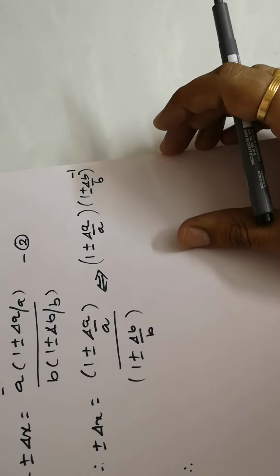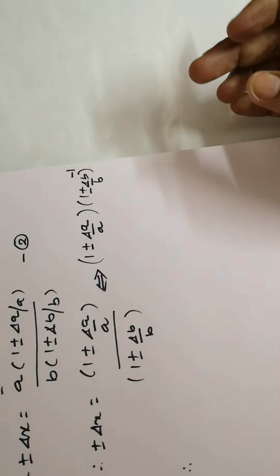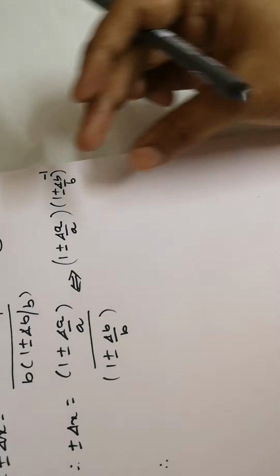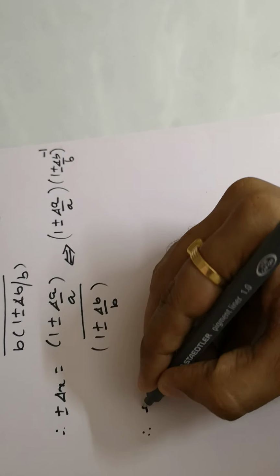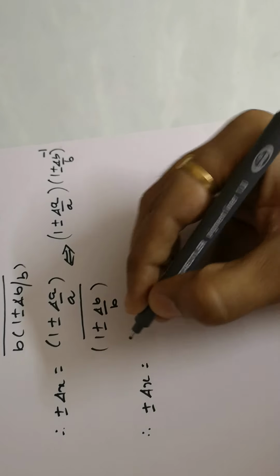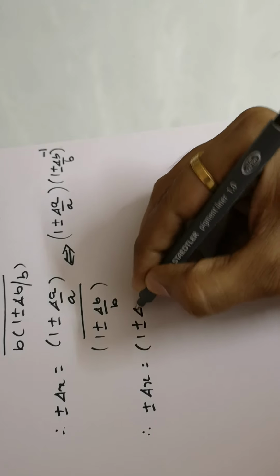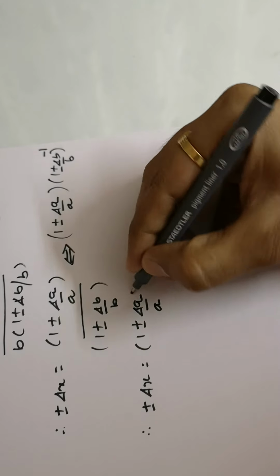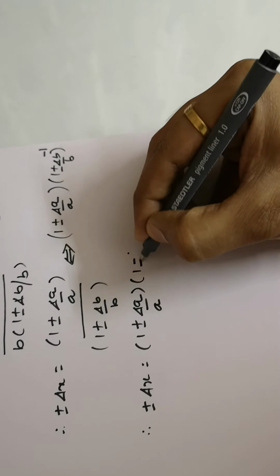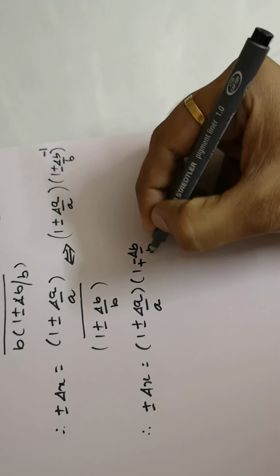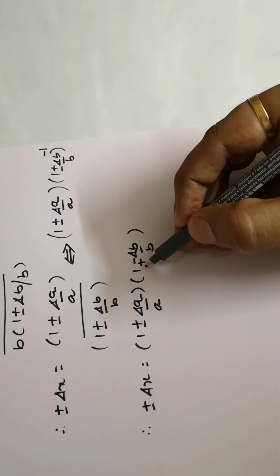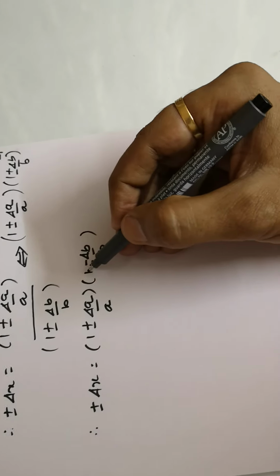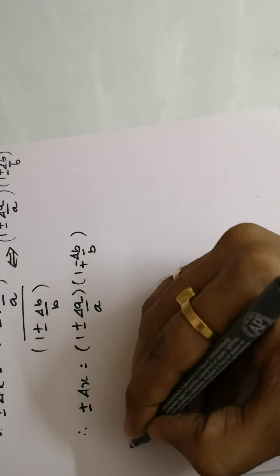But I want to remove this inverse symbol, so I take the reciprocal of delta b by b, and since we have the plus or minus sign already available, I'm utilizing it. You can see that here I have plus upon minus, and I have minus or plus delta b by b. It also represents the same notation.